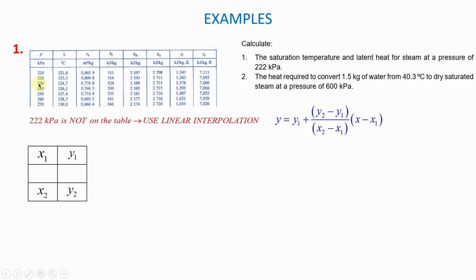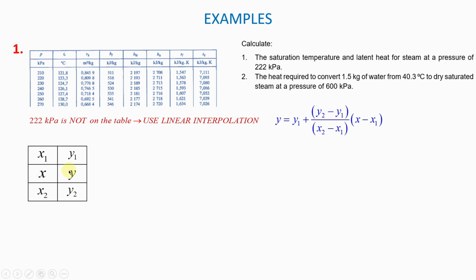What you have in the table is 220, which is going to be our x1, and below 220 you have 230 kilopascals, which is our x2. What we're trying to find is a value for 222, which is in the middle here, and that is what will be our x.